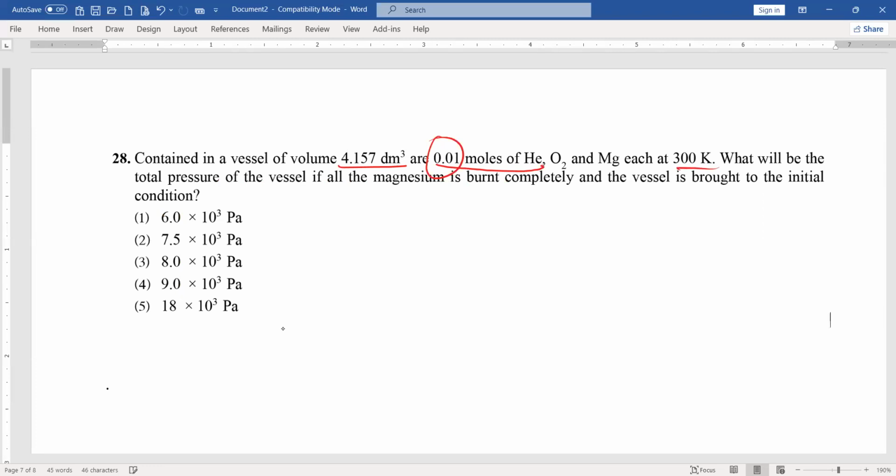At this temperature, what will be the total pressure in the vessel if the magnesium is burned completely and the vessel is brought to the initial condition?